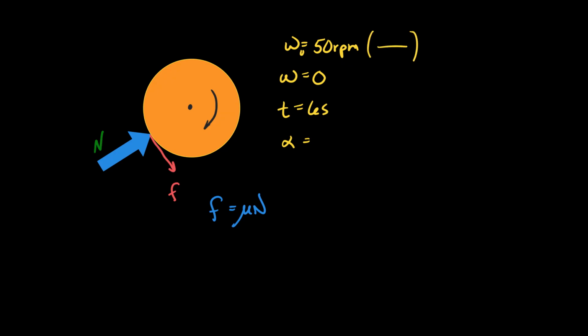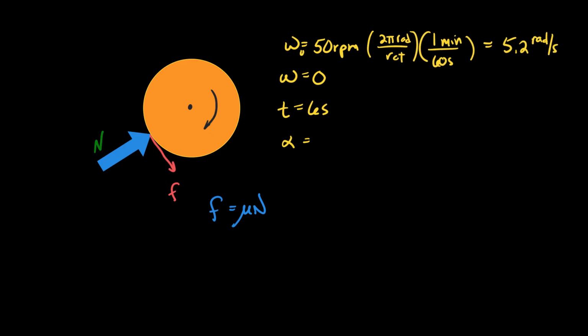We'll get rid of the rotations by multiplying by 2 pi. That'll give us radians. And then we'll get rid of the minutes by converting to seconds. So 6.28 times 50 divided by 60. I get 5.2 radians per second.